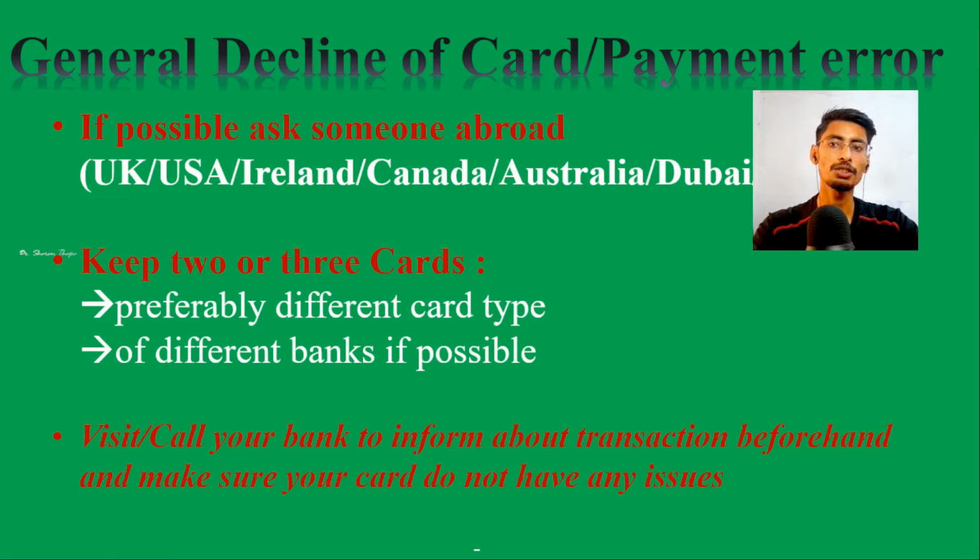And it is wise to keep 2 or 3 cards, preferably from a different bank or different card type if possible. And the details are always related to the card, not to your GMC. If the card is not yours, you might want to fill in all those details that are related to the card, and all those things are discussed in my previous video. You might want to see that video as well.